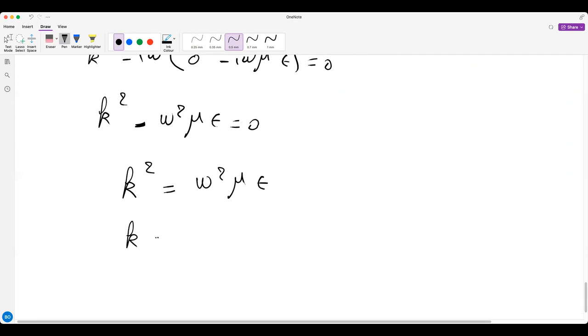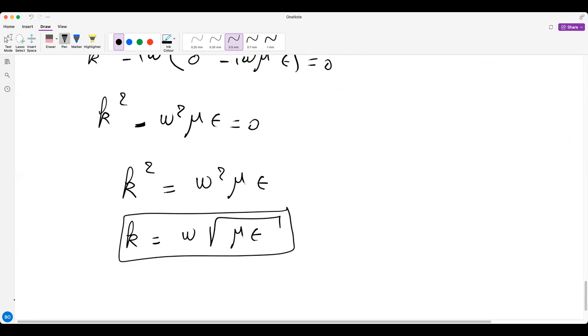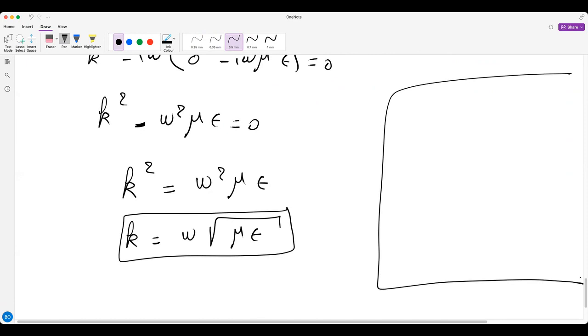This means that the wave number is equal to omega times the square root of mu epsilon, the angular frequency times the square root of mu epsilon.